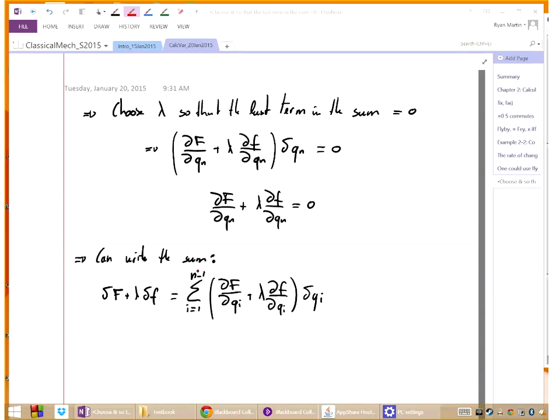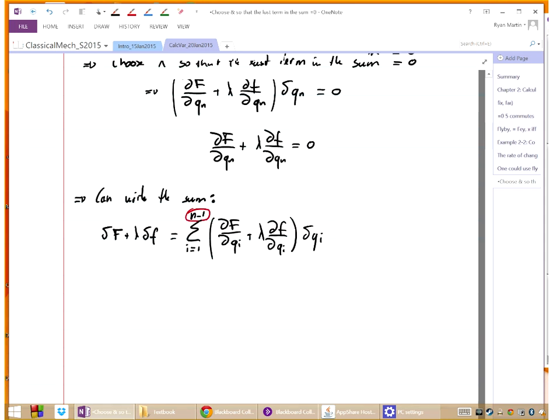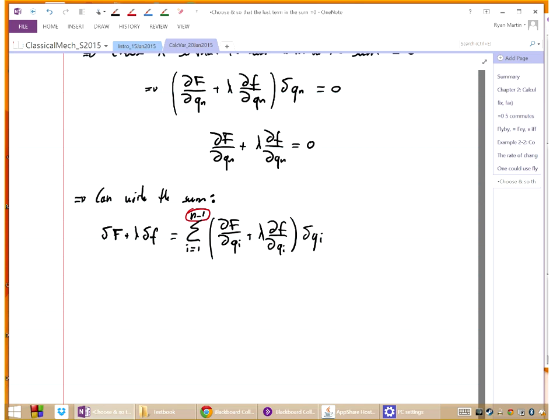So just note here that the sum now goes up to n minus 1 instead of n. So we can think of the equation above, the one in qn, as the equation that gives us lambda.